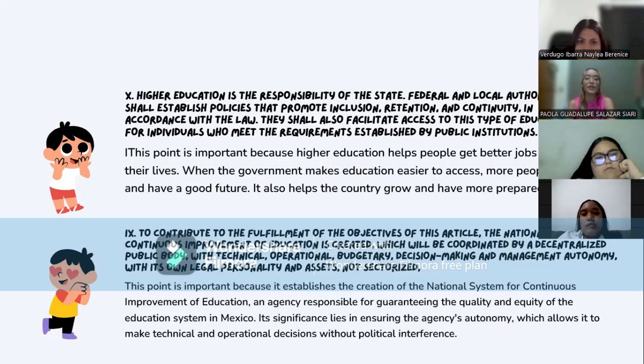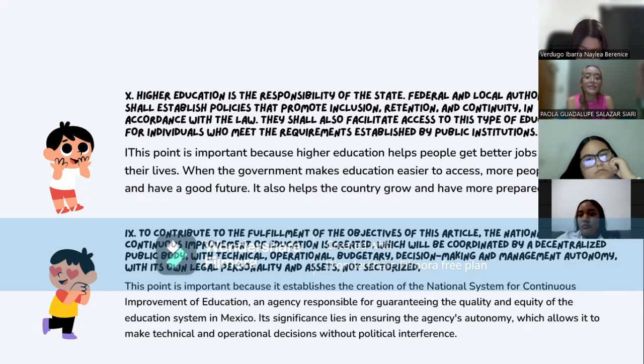Point number 10: higher education is the responsibility of the state. Federal and local authorities shall establish policies that promote inclusion, retention, and continuity in accordance with the law. They shall also facilitate access to this type of education for individuals who meet the requirements established by public institutions.